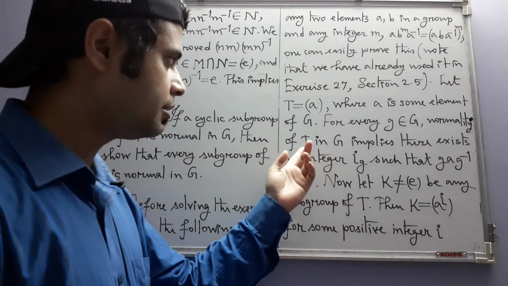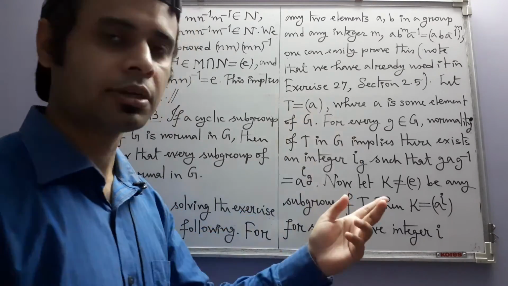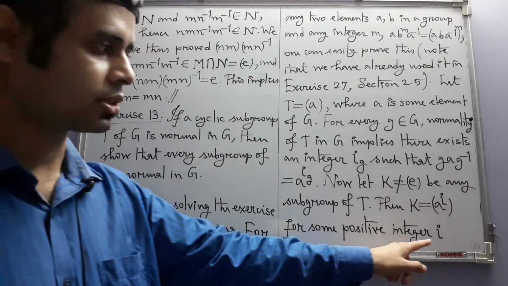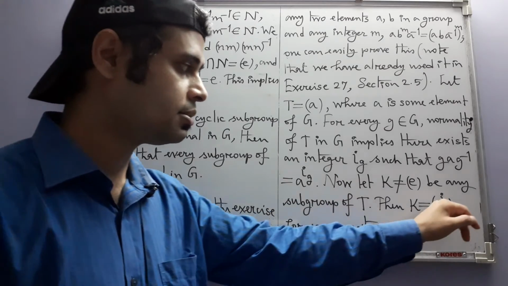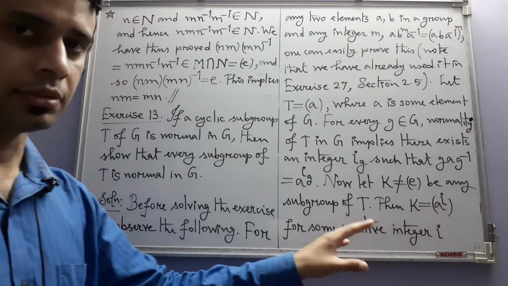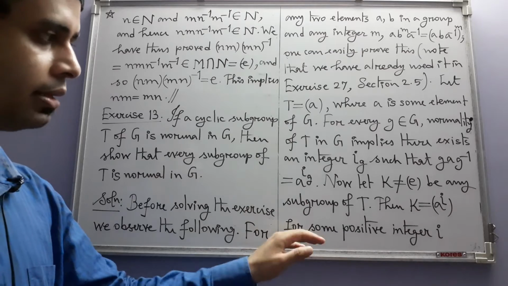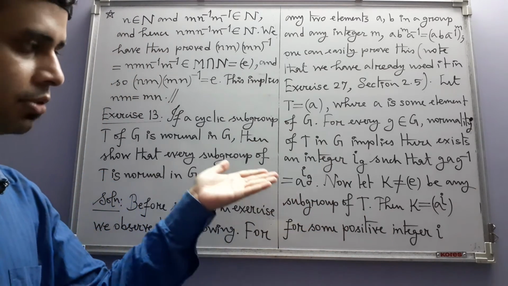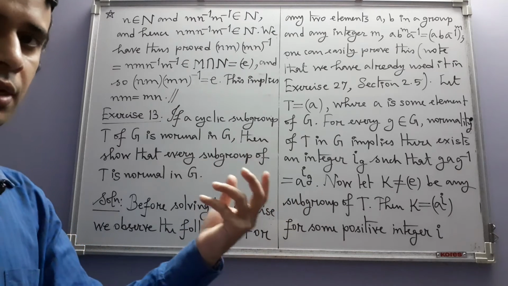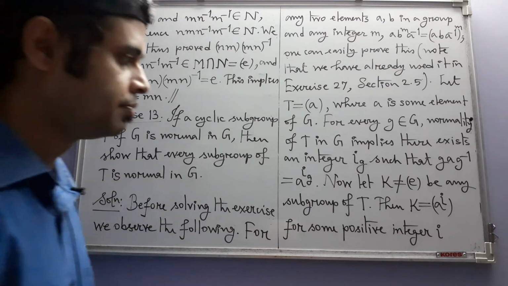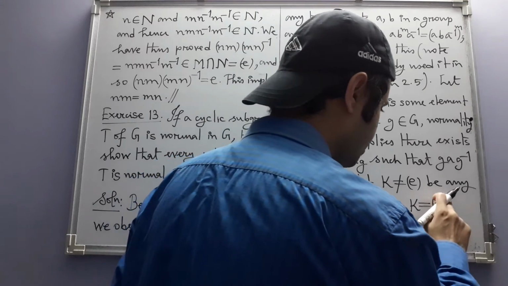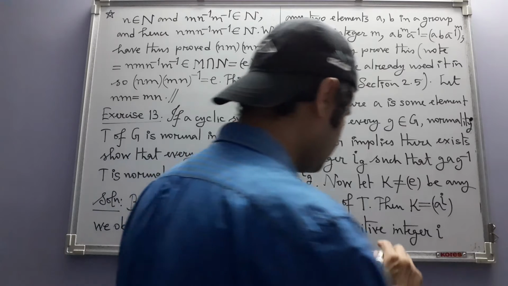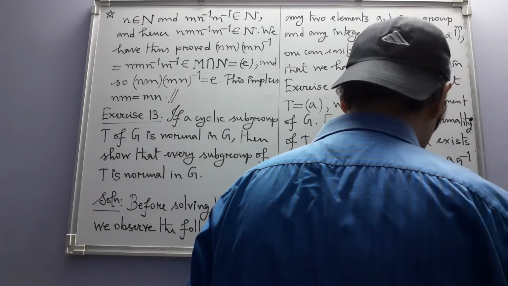Since elements in T are after all powers of a, there will be a power of a for some positive integer i. Why is i positive? A justification for positivity of i can be obtained in the solution to that exercise, where we proved this fact that every subgroup of a cyclic group is cyclic. And another reason for i being positive is that K is not equal to the identity. So you can always choose a positive integer.